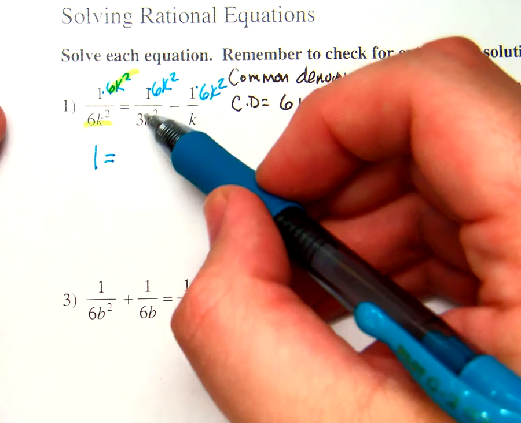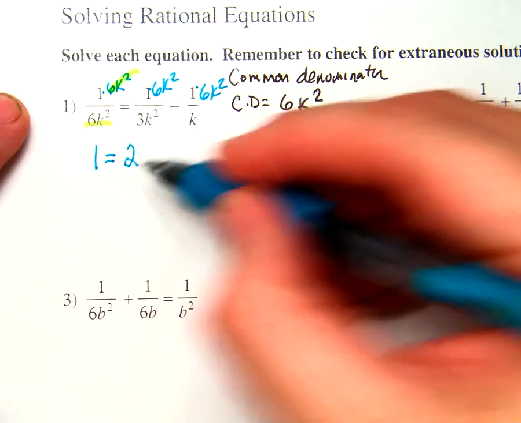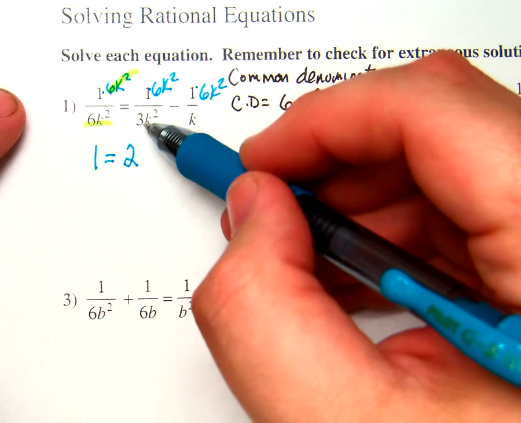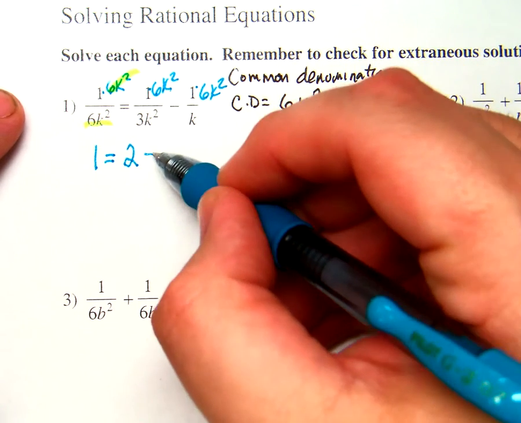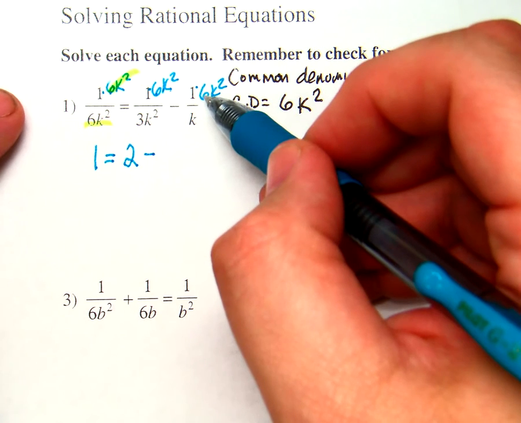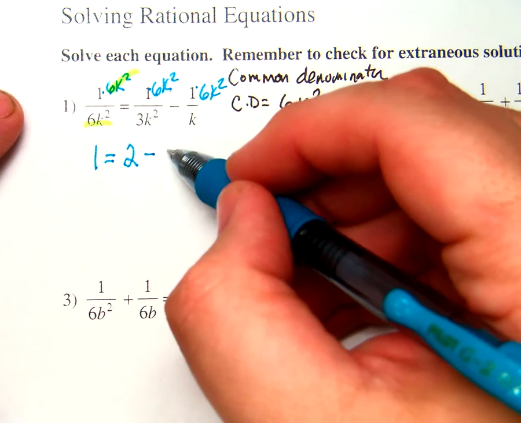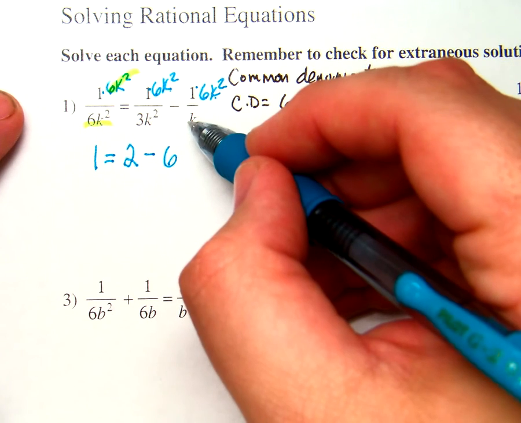So what's going to be left over? A 2, because it's 3 times 2. And do the k squareds divide out? Yep. All right, minus, now I have 6 divided by 1, so what's going to be left over? 6. I have k squared divided by k, just a k.